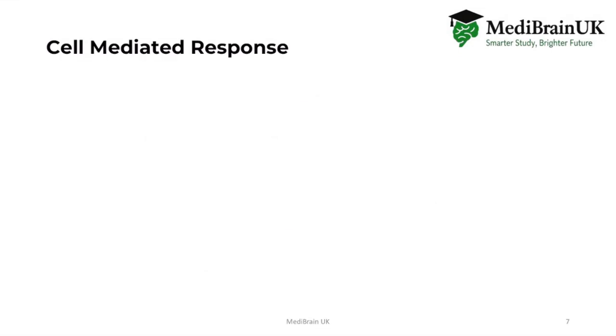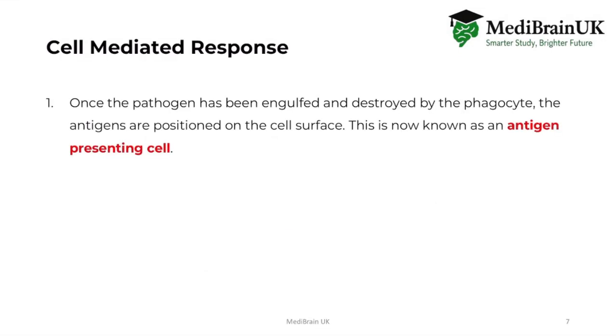Now, the cell-mediated response. Once the pathogen has been engulfed and destroyed by the phagocyte, the antigens are positioned on the cell surface. This is known as an antigen-presenting cell. That's the stage that we're at currently.